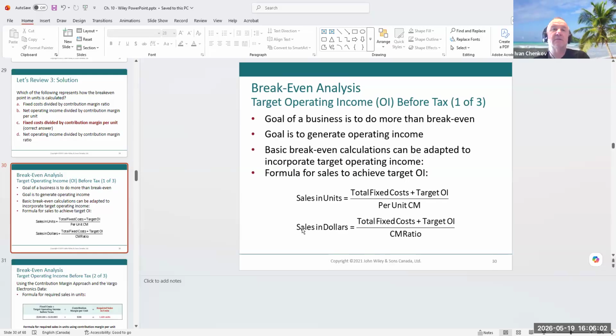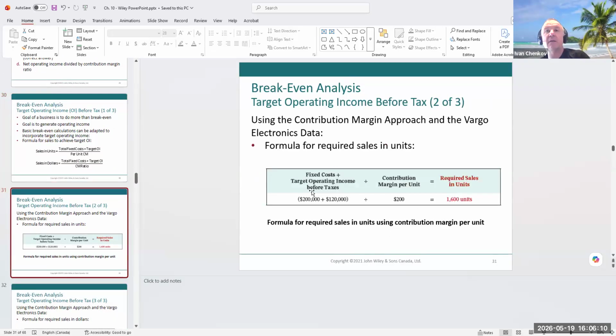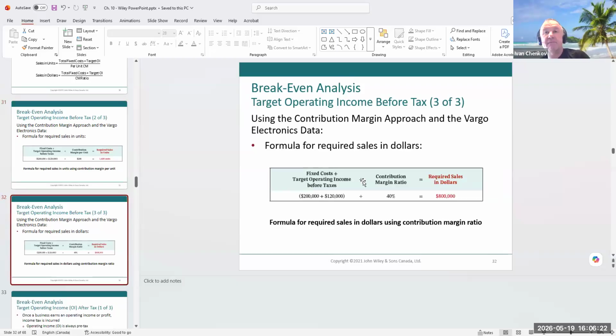If you want to find the total sales, divide by the contribution margin ratio. Again, this company wants to achieve $120,000 profit. How many units do they need to sell? 1,600 units. If they want to see how much the total sales should be, again, add it to the fixed cost, divide by the contribution margin ratio, and they're going to find out that their sales should be $800,000.